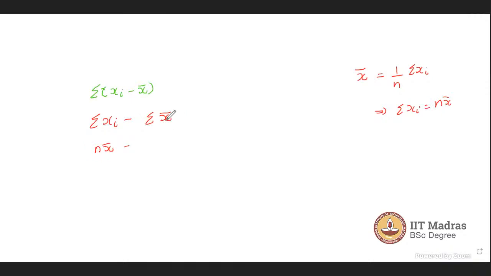Minus, if I keep adding x bar n times, it will be n times x bar. It's a constant term. Okay, we mistook the sigma to be for an individual one.